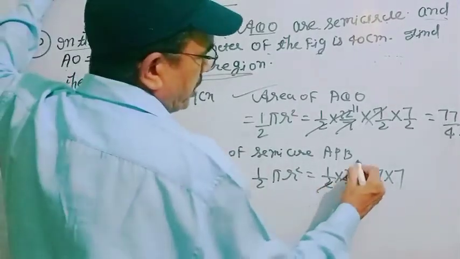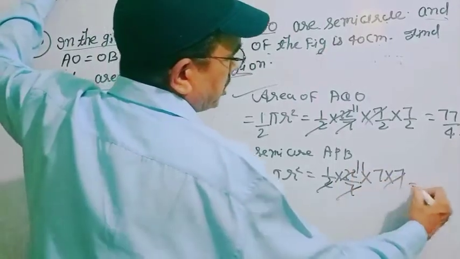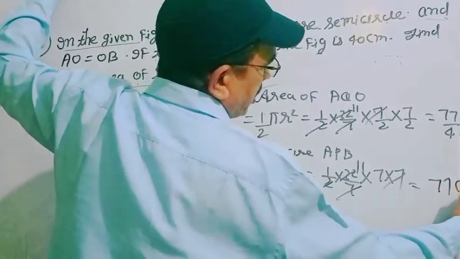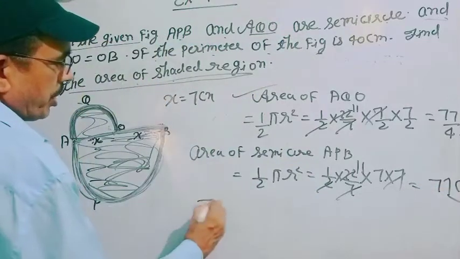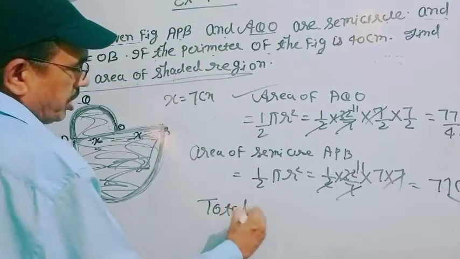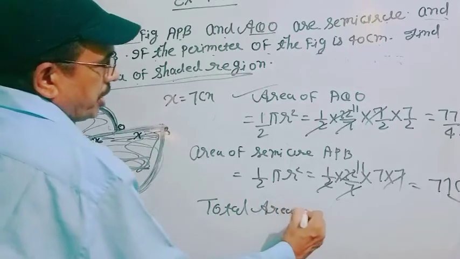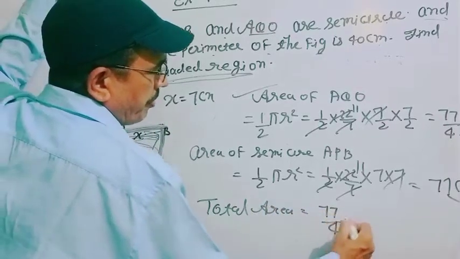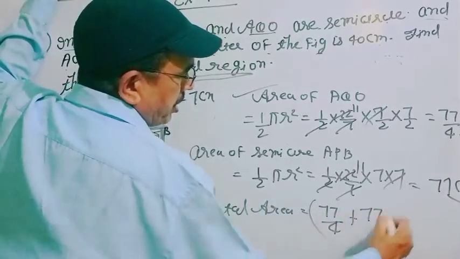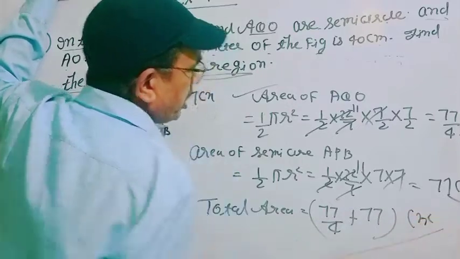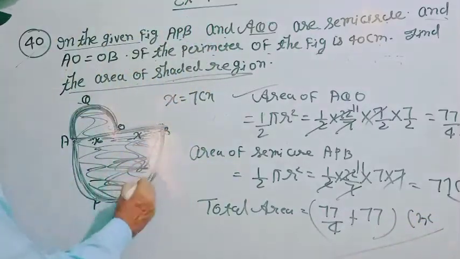So 2, 11 and 7 cancel, that is 77 cm square. So what is the total area? Total area is equal to 77 by 4 plus 77 cm square. It is the area of the shaded region.